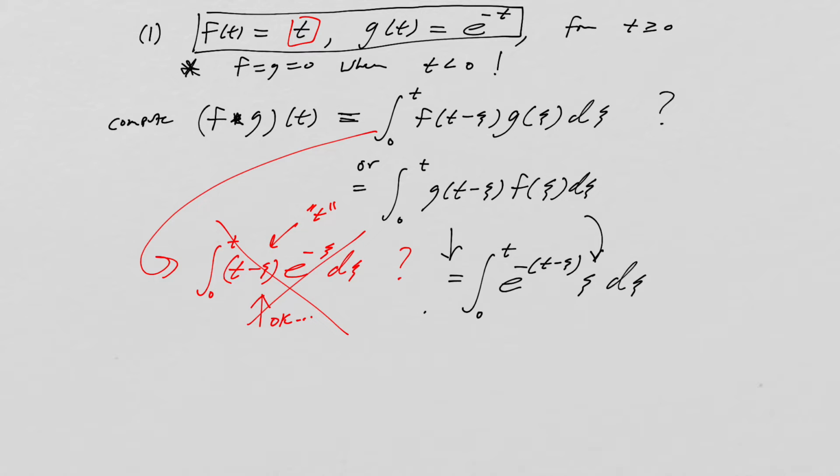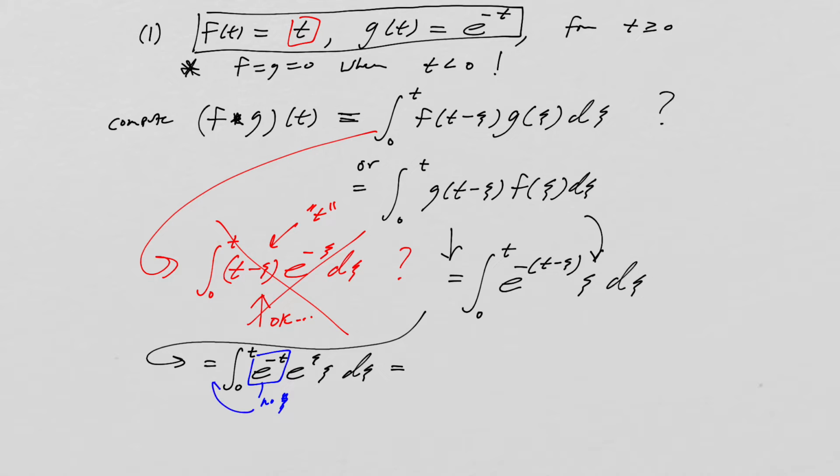All right, so with that, I can compute a little bit further, 0 to t. And what I have here is an e to the negative t, e to the c, times c dc. And what I can see immediately, though, is that e to the t, there's no c in it, so of course it can move outside the integral, which is going to help us a lot.